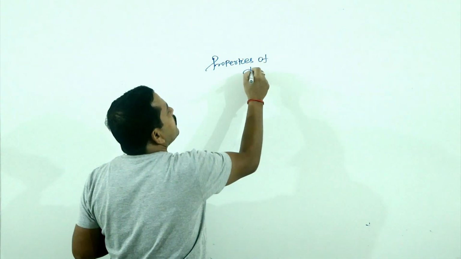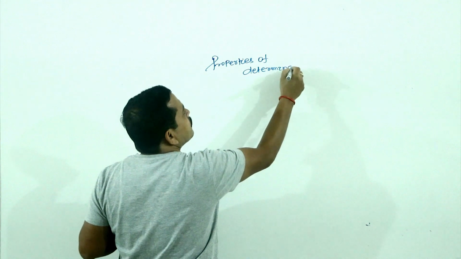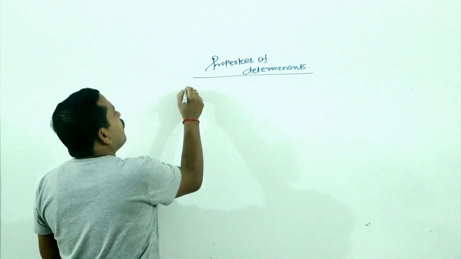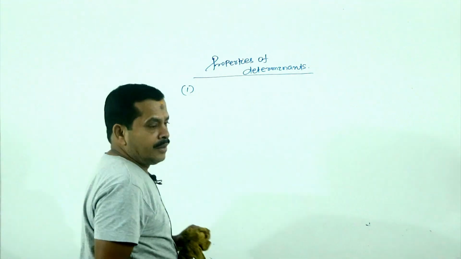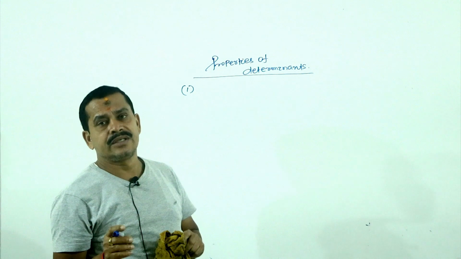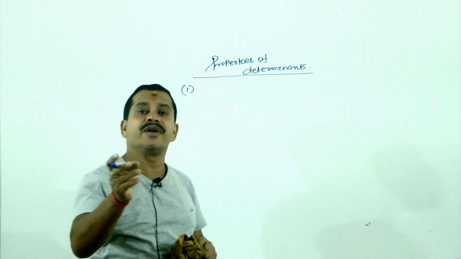Properties of determinant, property 1. The determinant remains unchanged if we change corresponding rows to corresponding columns.